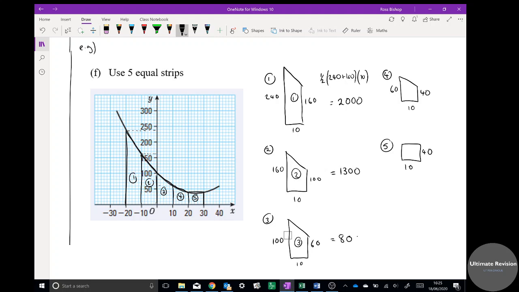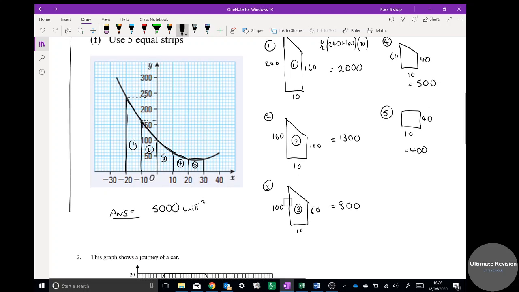That one will turn out to be 800. This one is 500, and this is 400. And then if we add all of them together, we'll get a pretty good estimate for the area of about 5,000. So the area under that graph is 5,000 units squared.